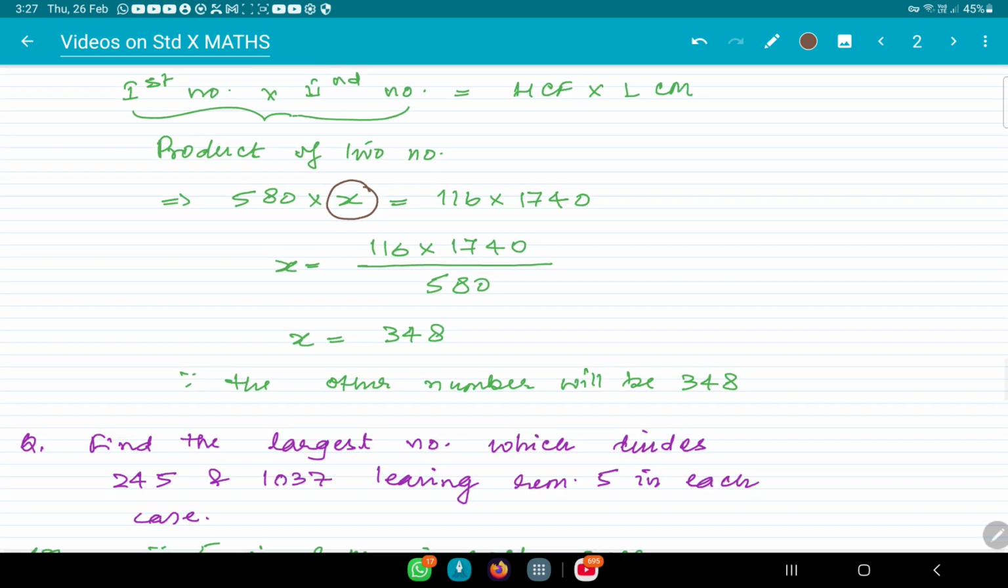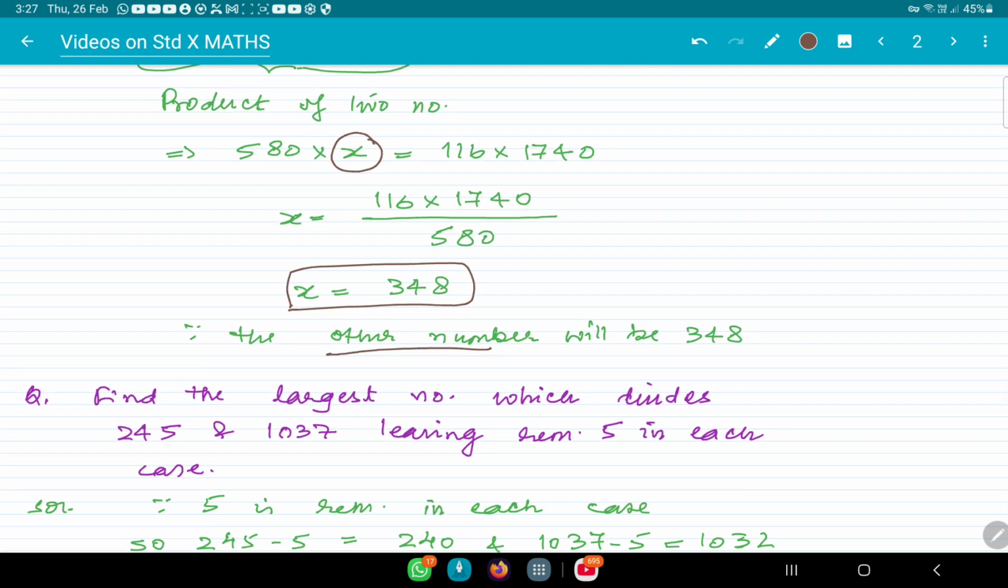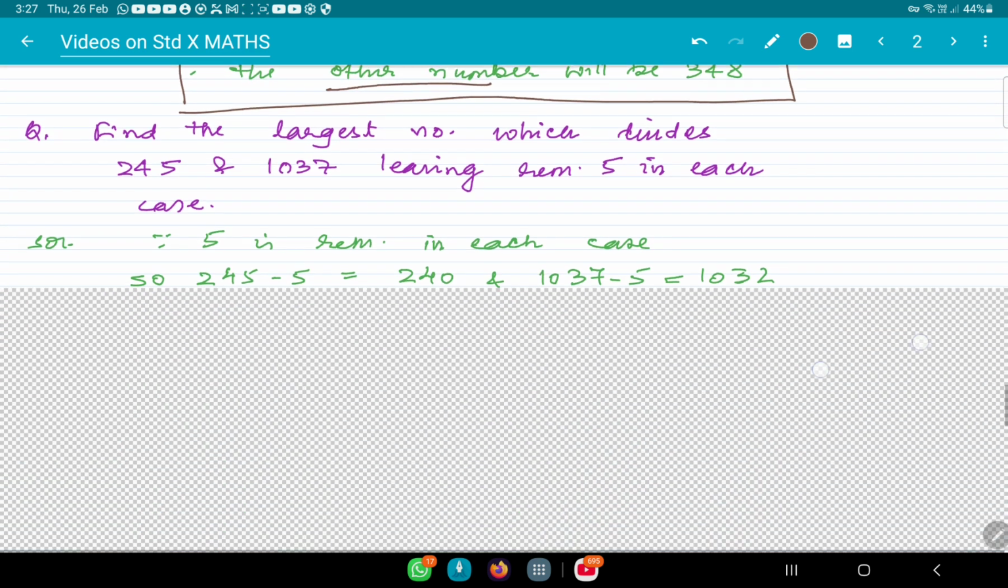By doing a simple calculation you will get the final answer, 348. Your question is asking what the other number will be, so the other number will be 348, and just put it in a box so that your answer is highlighted.